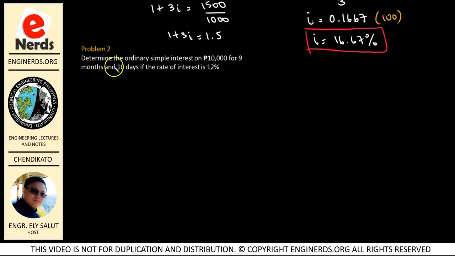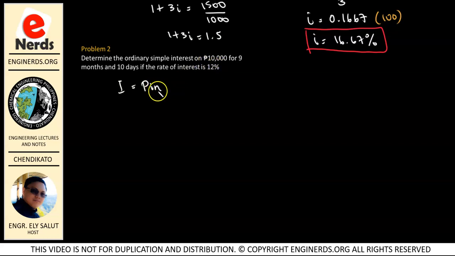Okay? So, ang pinahanap sa atin dito is yung ordinary simple interest. And alam natin that our formula for interest is equal to PIN. Okay? So, alam natin yung P, which is 10,000. And alam din natin yung I, which is 12%. Pero hindi pa natin alam yung N.